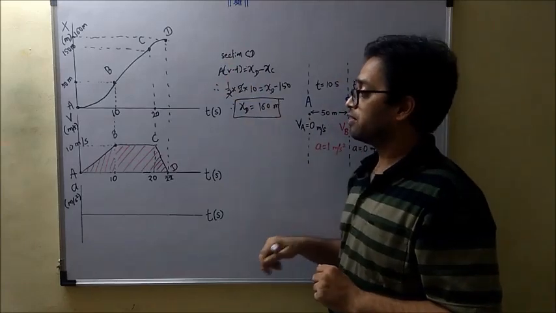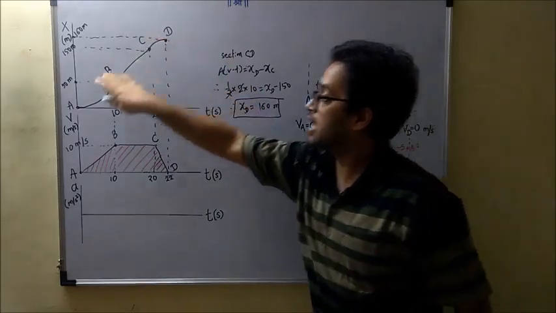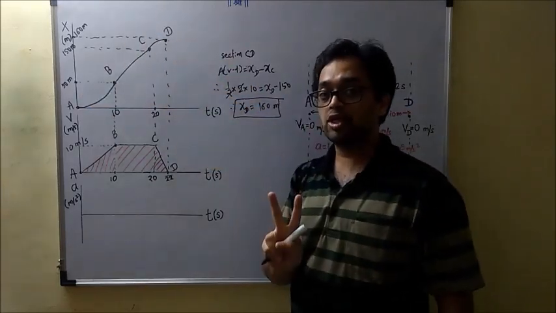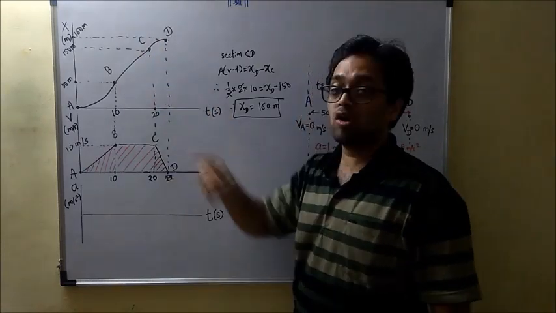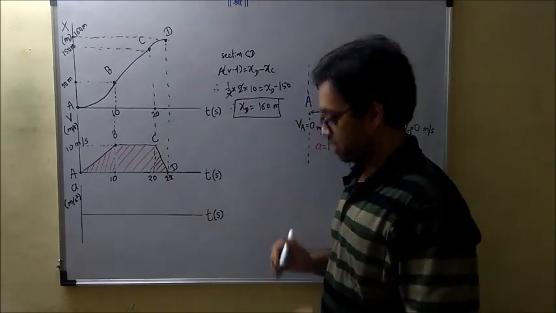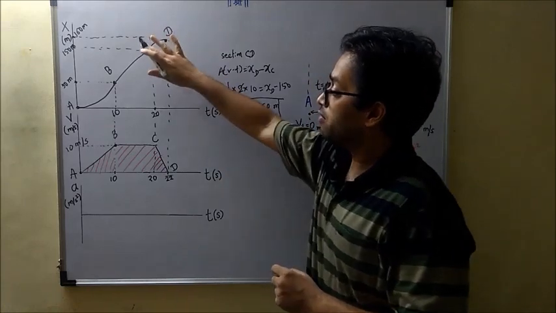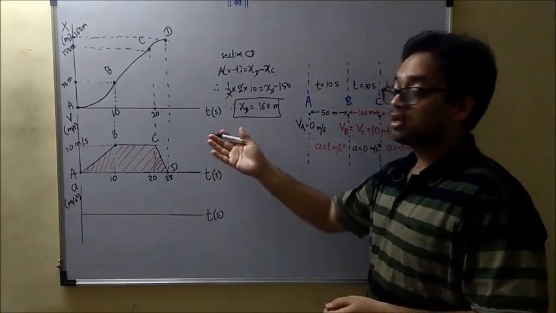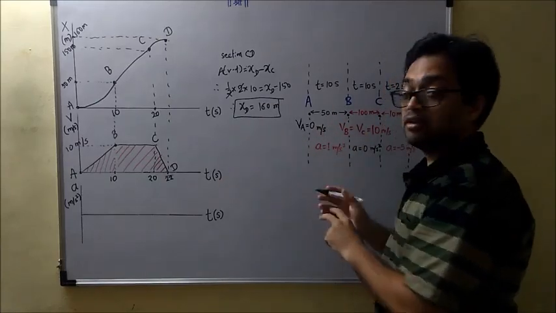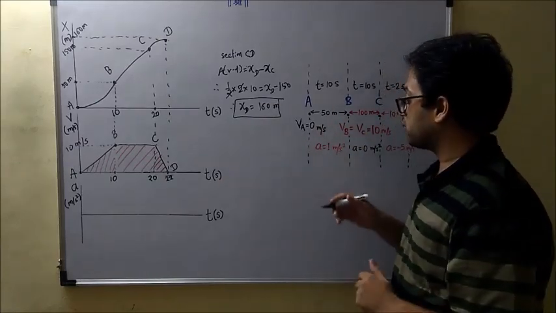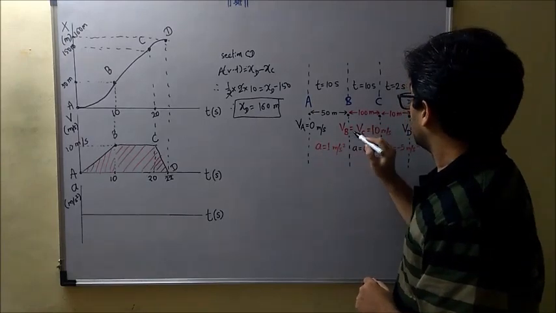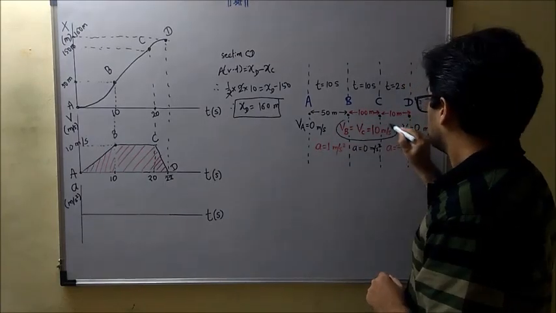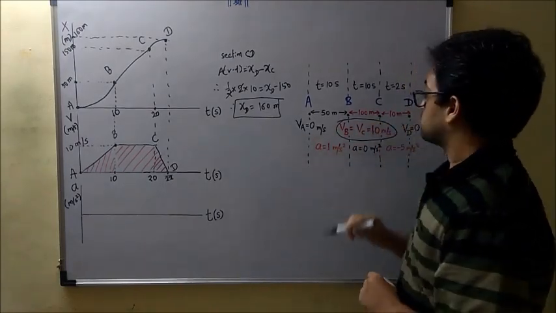So that is the only difference that we have to make. Otherwise this and this both are curves of degree 2, whereas the central one is the curve of degree 1, which is an inclined line. Now we have completed our XT and VT curve. How many data points have we got using the graphical method that tally with your kinematic equation method? We have got our velocity, it tallies with 10 meters per second.